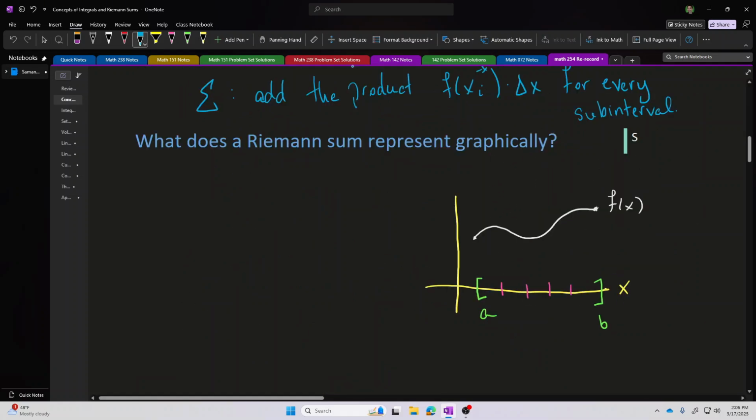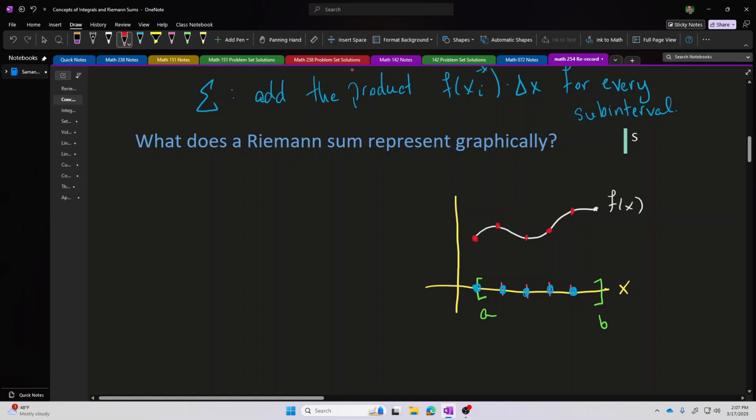So I've gone back into this picture, and for the sake of an easy to read drawing, I'm just going to say that I chose my xi stars to be the x's on the left side of each subinterval. And say that they're right here in blue on the left side of each subinterval, so that my f of xi stars are located in these 5 positions along the graph of f of x.